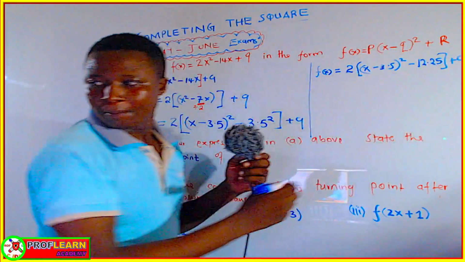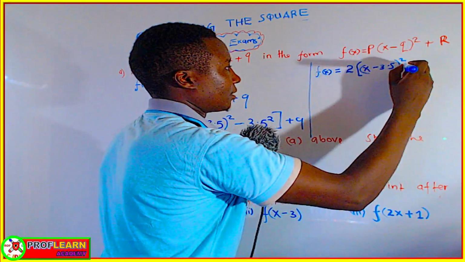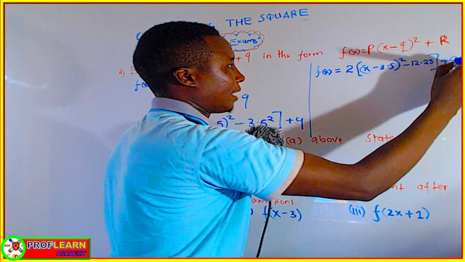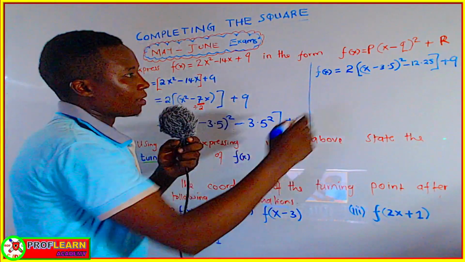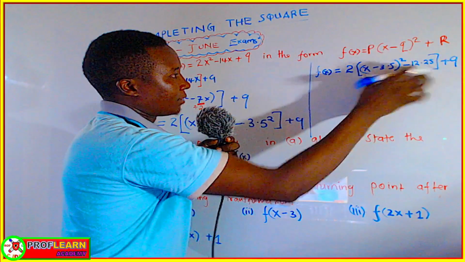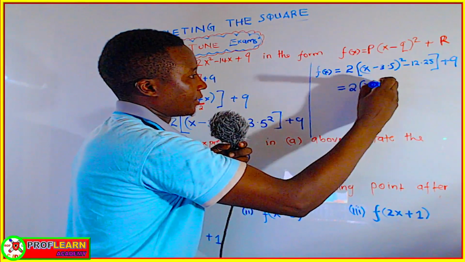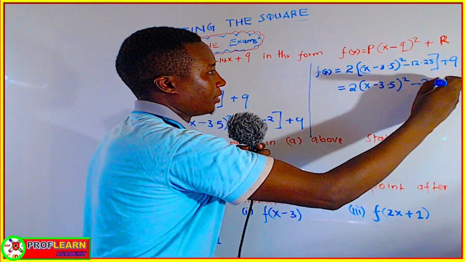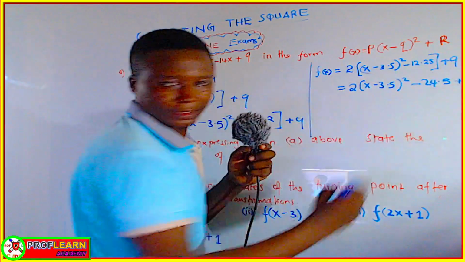Then we have plus 9 at this point, because already, let me write it properly, this is minus 12.25 plus the 9 that we were having at this particular point. So remember, we are having this 2 and it's outside this bracket. So this is going to be 2 into x minus 3.5 squared minus 24.5, because I've multiplied these 2 and 12.25, then we shall say plus 9.